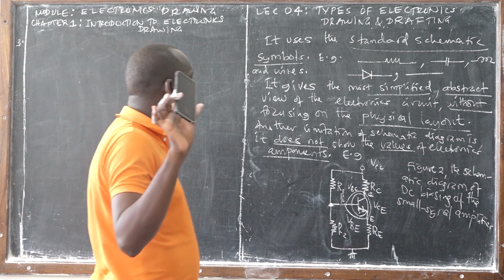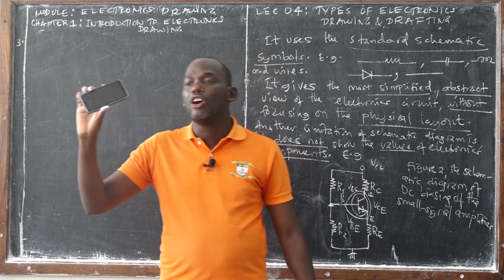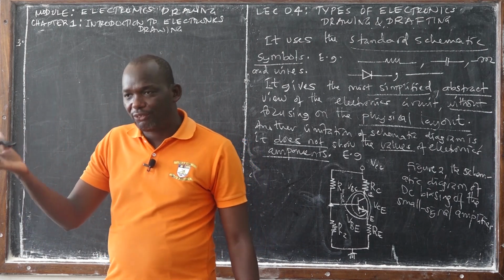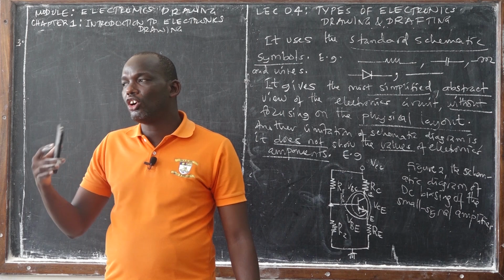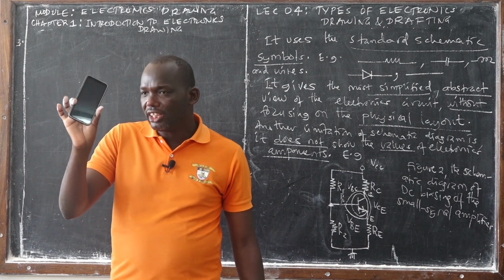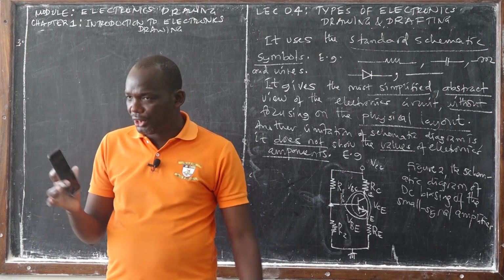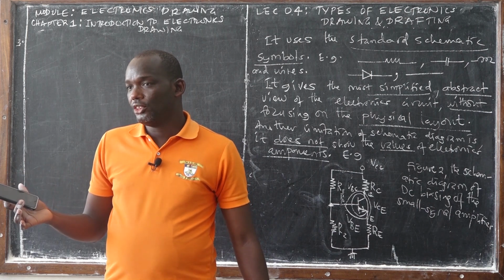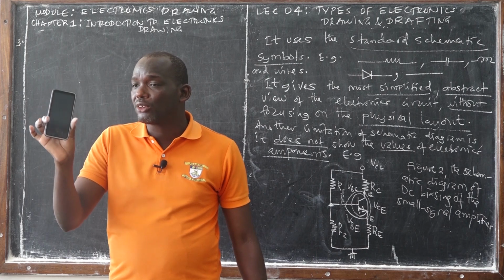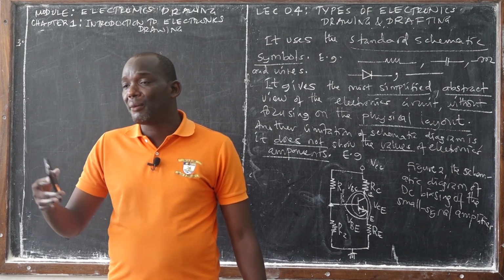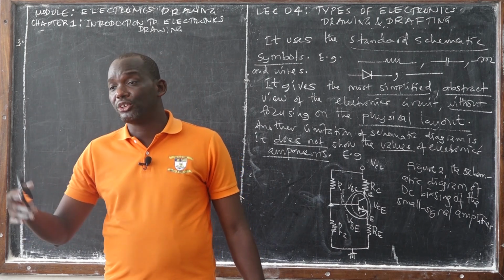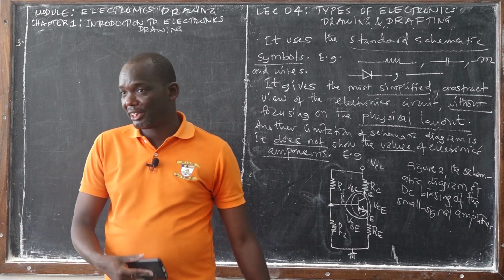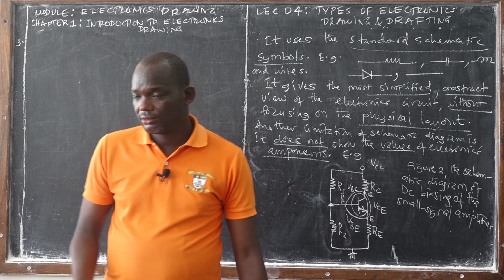The schematic circuit diagram does not talk about how this mobile phone looks physically. It just shows how the components within this mobile phone are interconnected. That's the limitation. If you wanted to show the physical layout, then you have to think about other types of electronics drafting, other diagrams rather than the schematic diagram. Right?